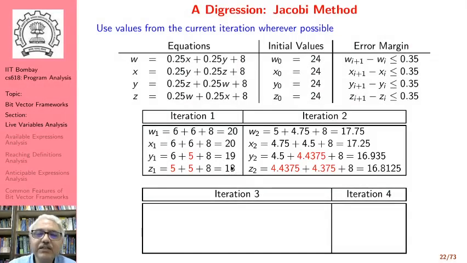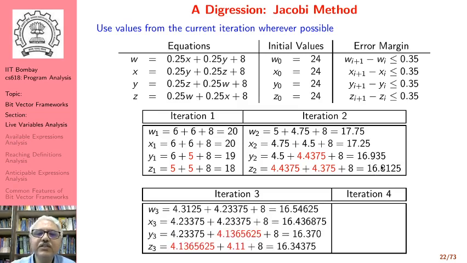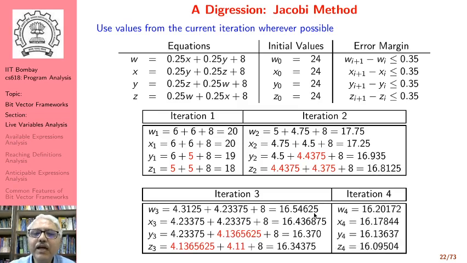Now in the next iteration we get further values like this, and observe that here we already come close to value 16 in iteration 2. In iteration 3 we get these values, and in iteration 4 we get these values, and now that meets our error margin. So this difference is within the error margins, so we converge here.